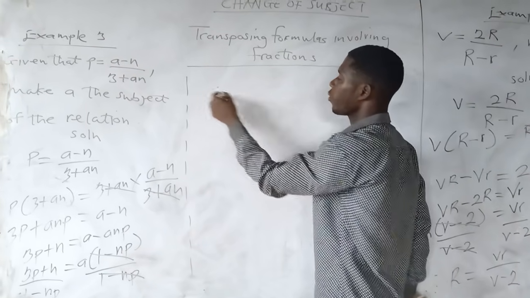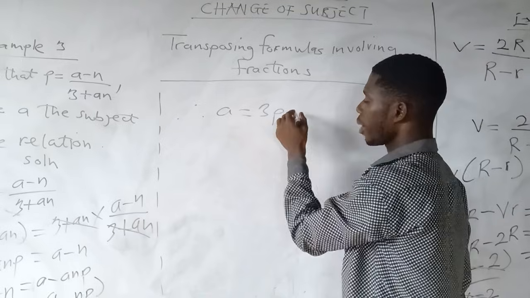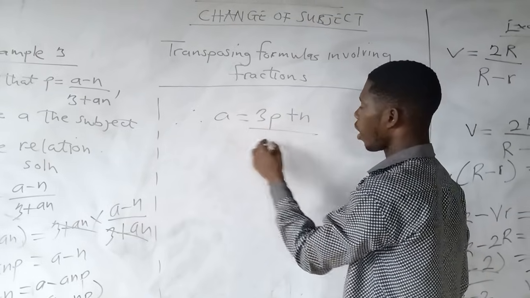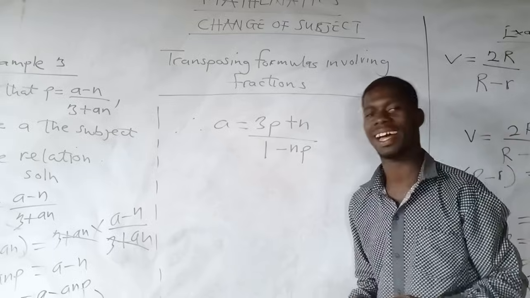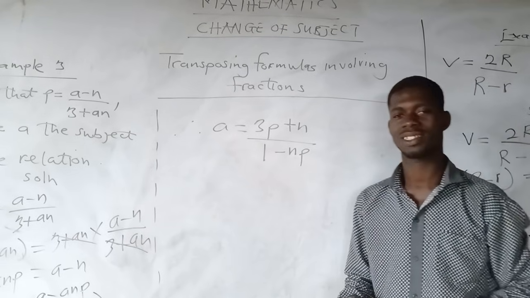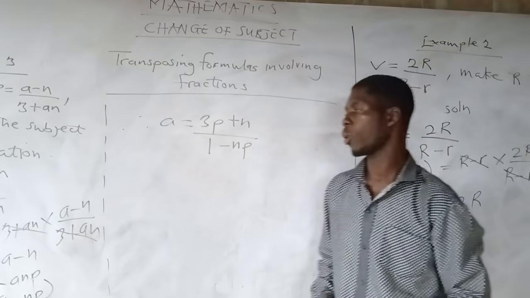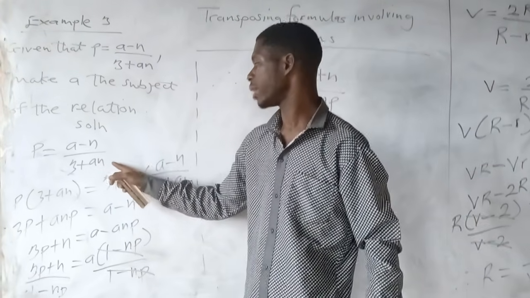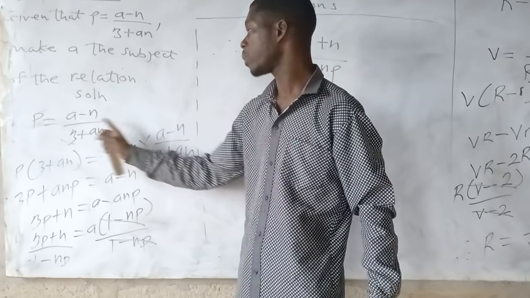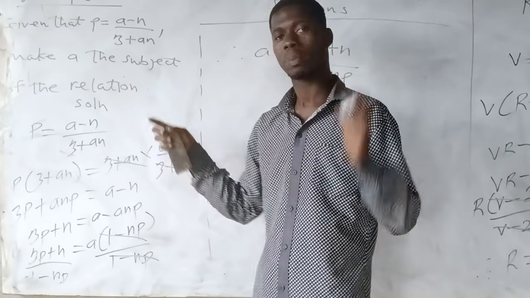Therefore, A is equal to 3P plus N over 1 minus NP as the final answer for that question, which is simple as well. So first of all, we eliminate the denominator. We have two terms, this term and this term, so multiply each term.